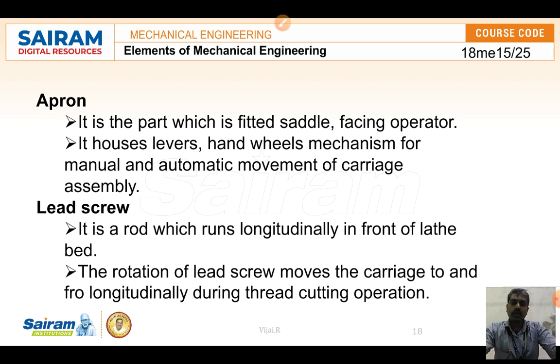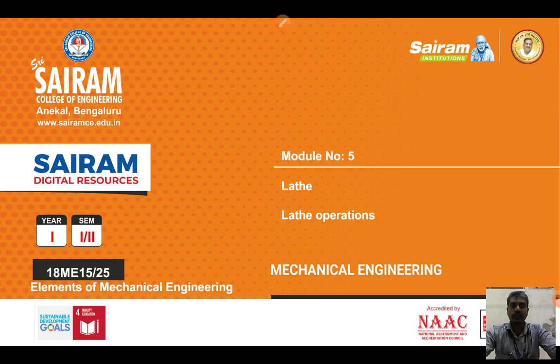When we rotate the carriage hand wheel, which is linked with the lead screw at the back, it moves the entire carriage. So rotation of the lead screw moves the carriage to and fro, longitudinally, during the thread cutting operation. We can use it automatically.